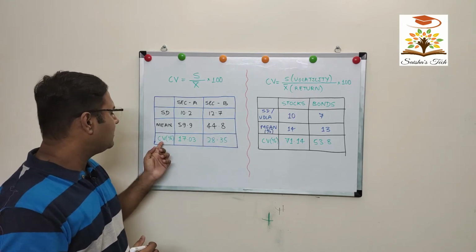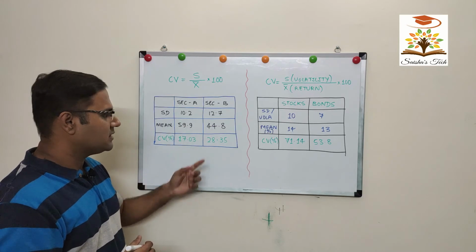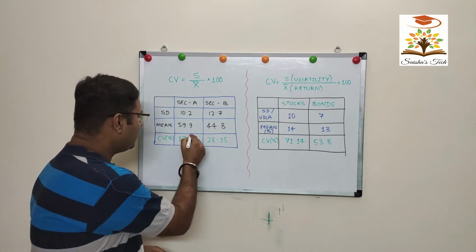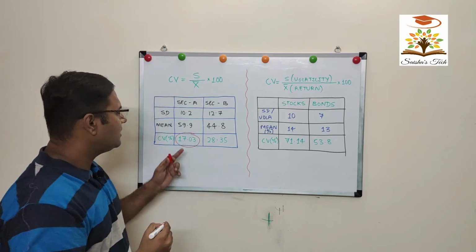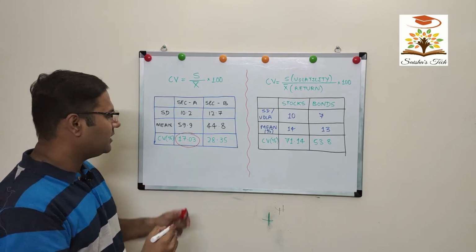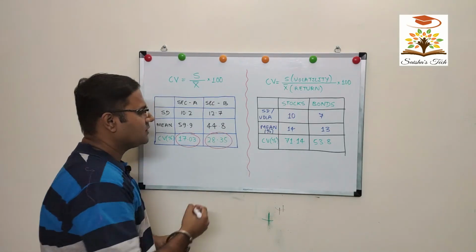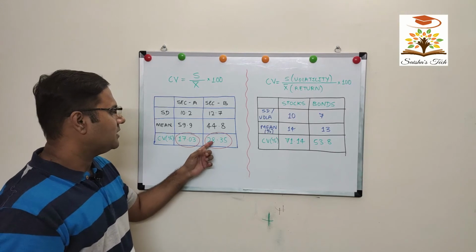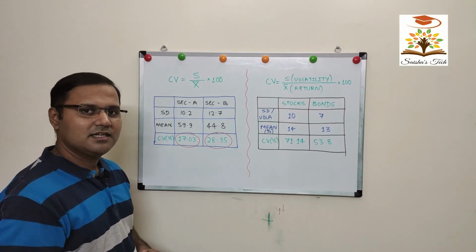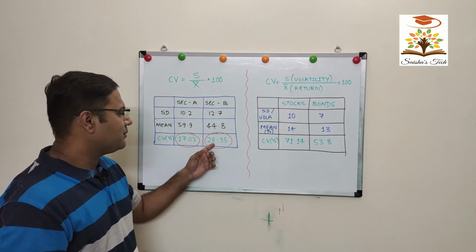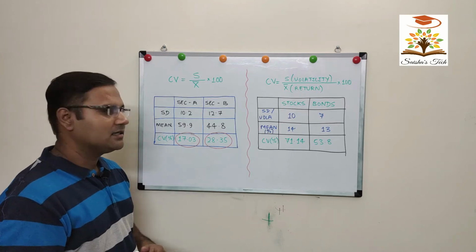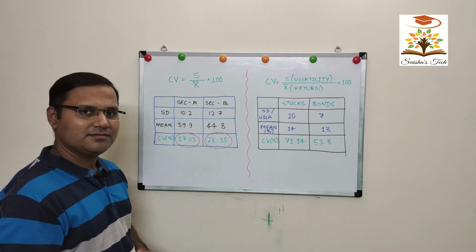Whereas when you calculate the percentage of variation for both sections, we can observe 17.03 is the coefficient of variation for section A and 28.35 is the coefficient of variation for section B. This suggests that the data spread in section B is higher than that of section A.